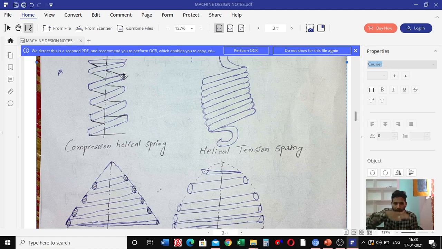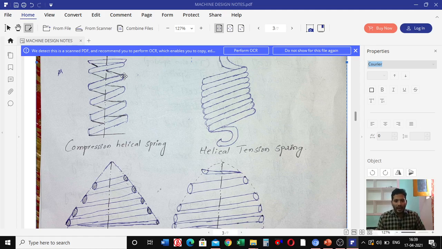This open coil spring is used in automobiles. This compression helical spring is used in the motorcycle, as well as in the internal combustion engine.